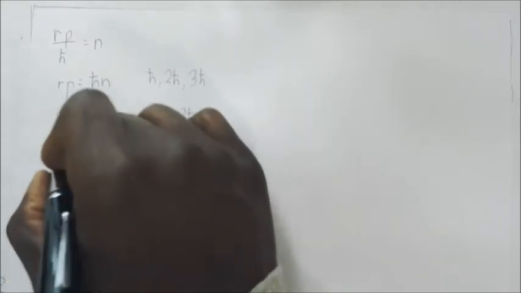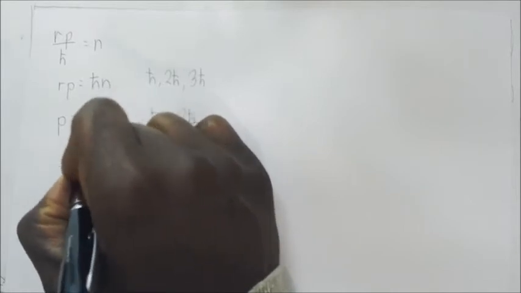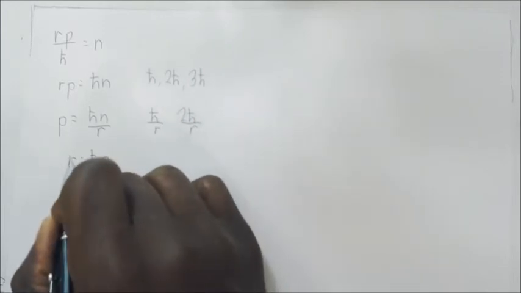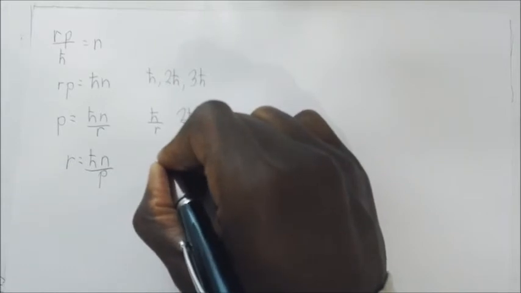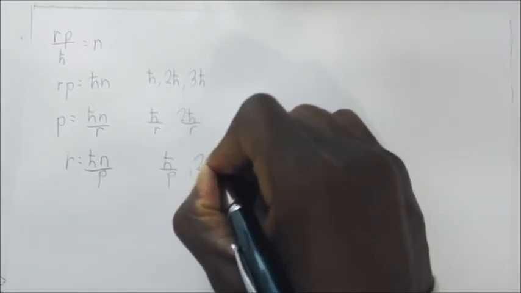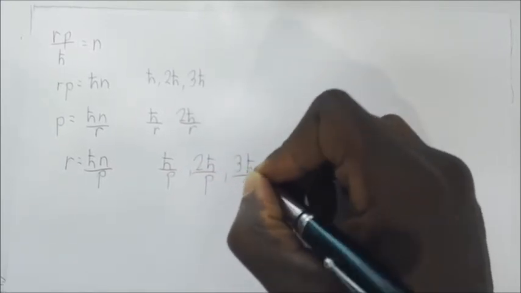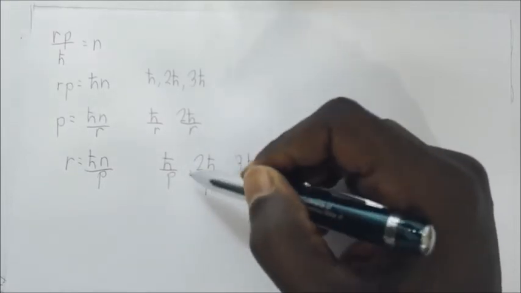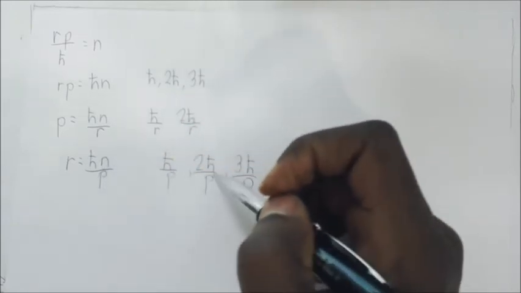We can even go ahead and say r is equal to h bar times n over p, which means that the radius is also quantized, because the radius is going to be h bar over p, or 2h bar over p, 3h bar over p, etc. And so with r being quantized, we know that the potential energy is quantized.